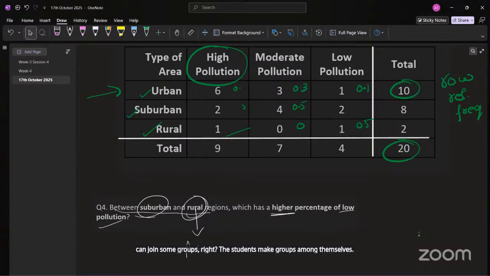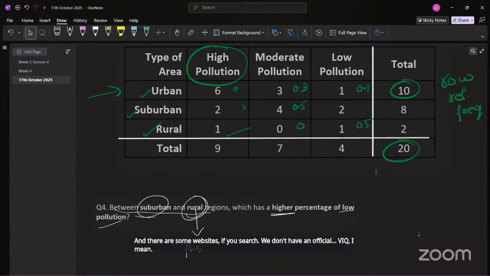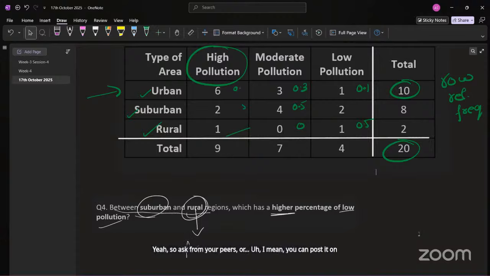And there are some websites if you search, but we don't have an official PYQ. We can't provide you official papers. So ask your peers, or you can post it on Discourse also. Anyone will give you some website or platform where you can practice. There are some platforms that provide PYQs.